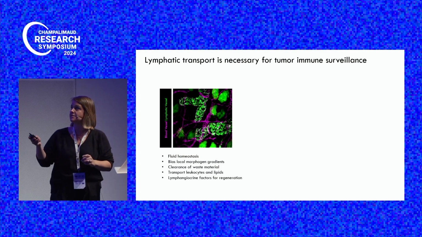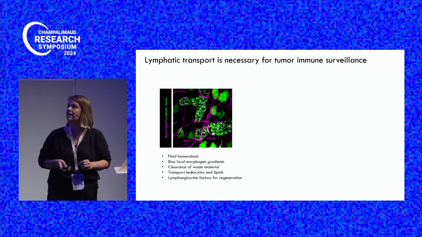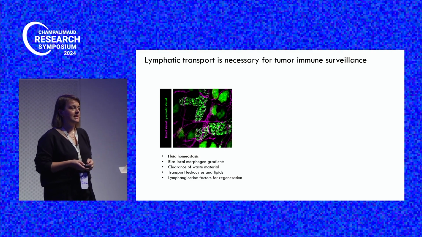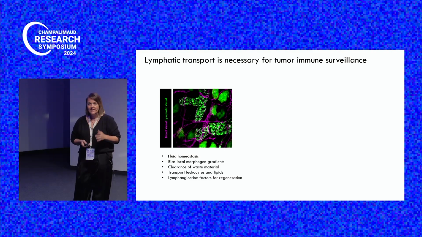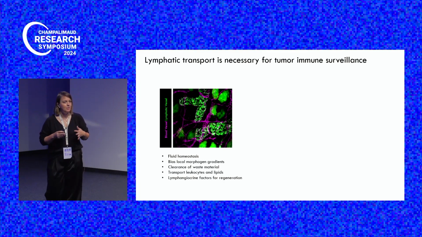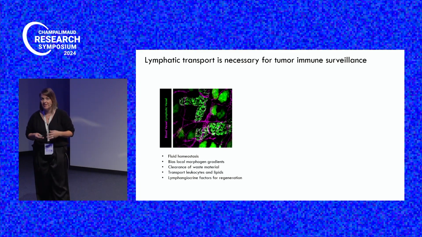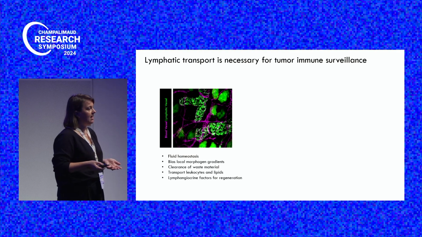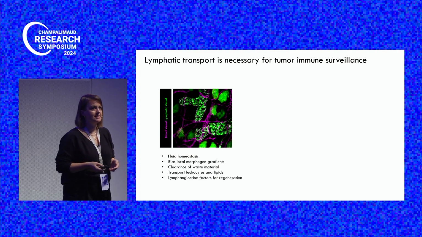And you can see these vessels here. These are these larger caliber green vessels that we stain for LYVE-1 in the mouse skin. Now, Cyrus alluded to this in the context of cancer. I think for a long time we had primarily thought about the lymphatic system as a passive conduit for metastasis. Many solid tumors present early with lymph node metastasis, and this is generally a poor prognostic, though not in all cases.